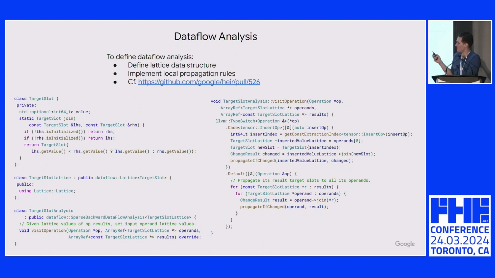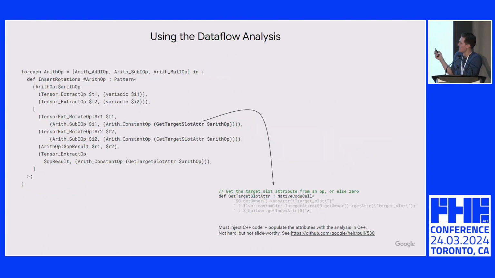Okay, and then using the data flow analysis, you might say, I love writing these simple rewrite patterns. I don't want to have to write C++ for everything. Well, it's nice. With a little bit of boilerplate, you can basically attach the information from the data flow analysis to the SSA values in the program and then access them in your rewrite patterns. So this is sort of the final, like, how do you convert a scalar operation to a tensor operation and do the alignment at the same time?